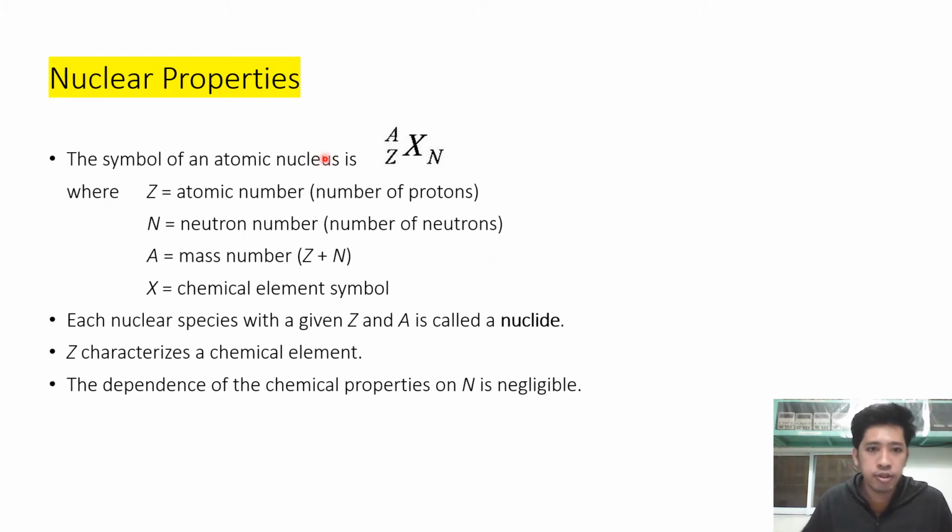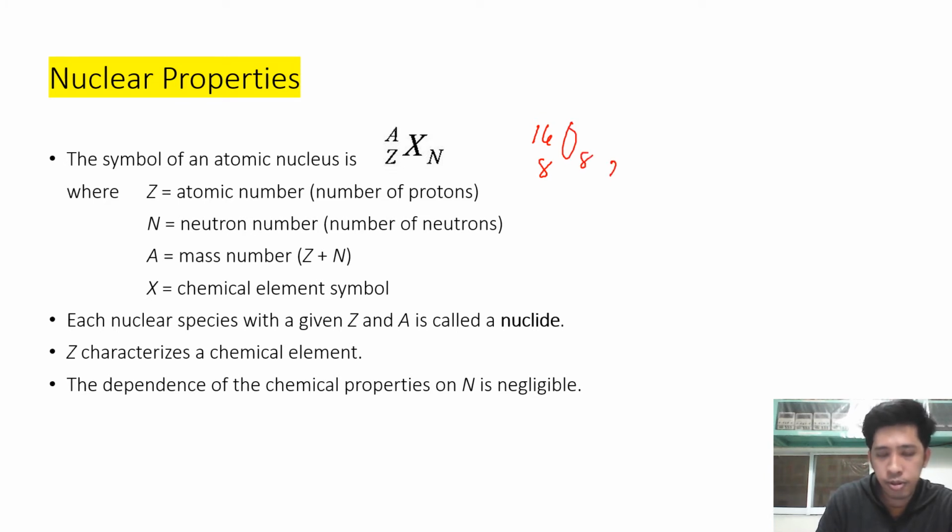Sometimes we do not actually use this complete symbol. Say, for example, you have oxygen-16. We write it using the symbol for the atomic nucleus, with 16 and then 8, 8.